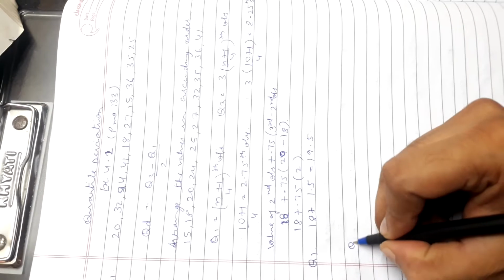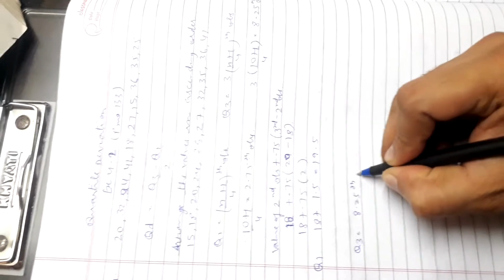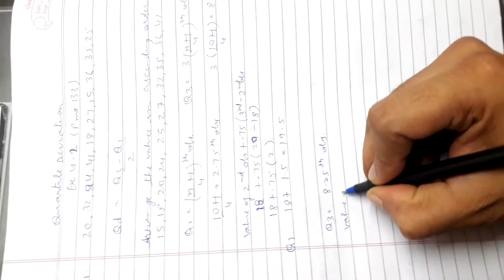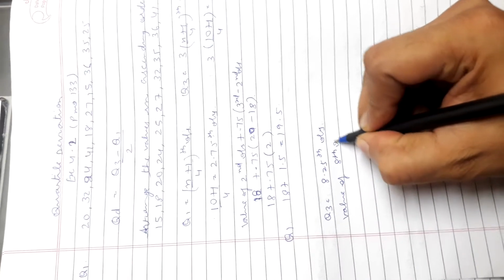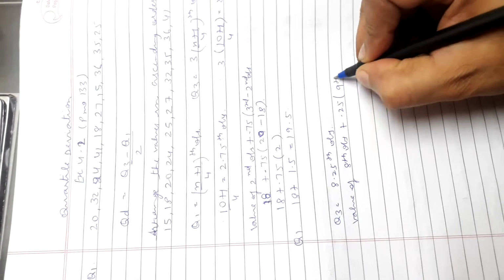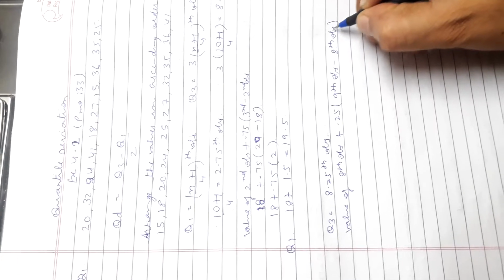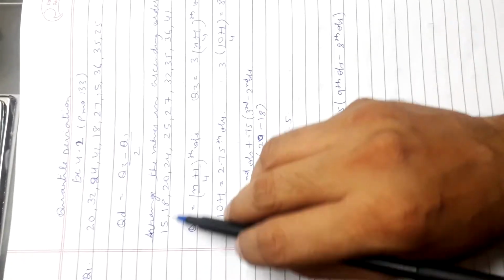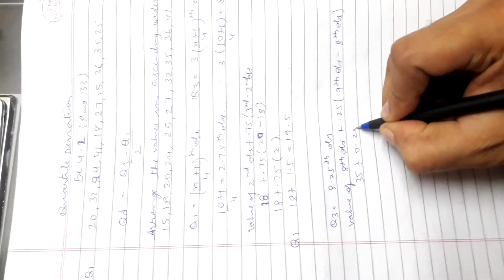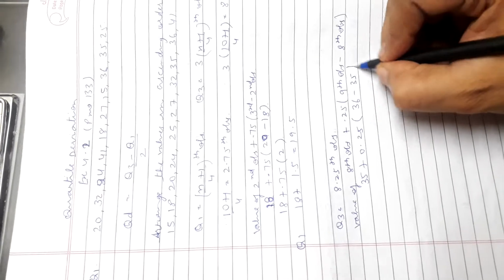Now value for Q3, 8.25 observation, that is value of 8th observation plus 0.25 times (value of 9th observation minus 8th observation). 8th observation here is 35 plus, 9th observation is 36 minus 8th observation 35.